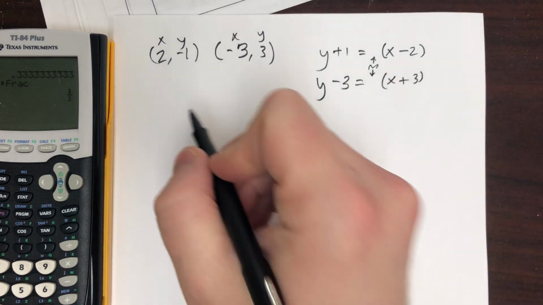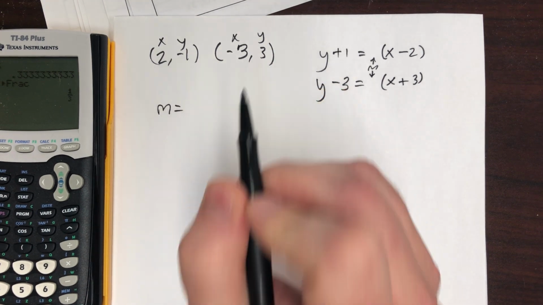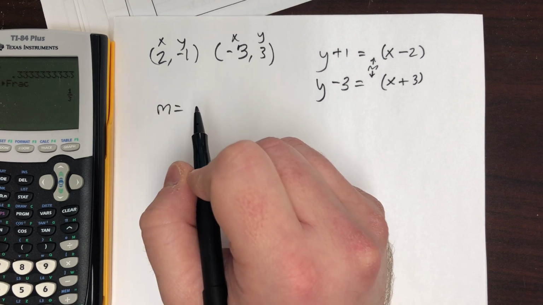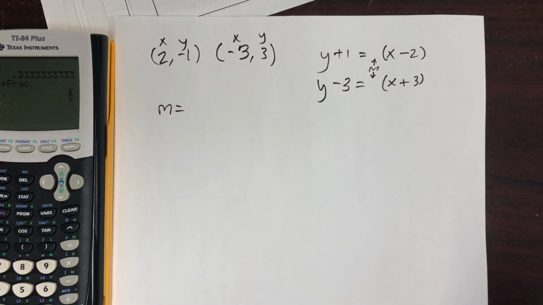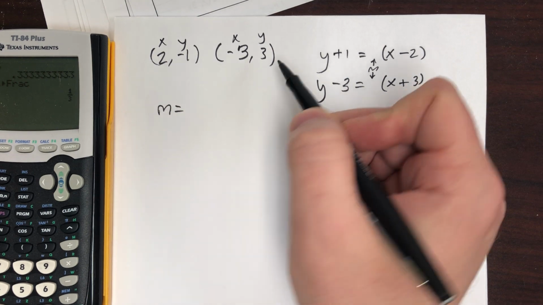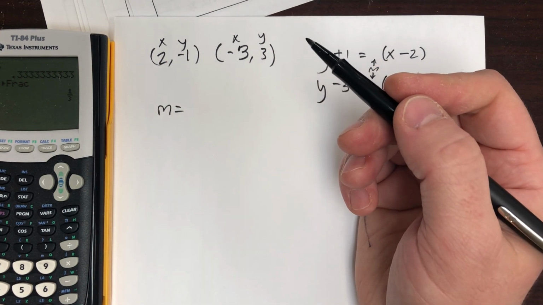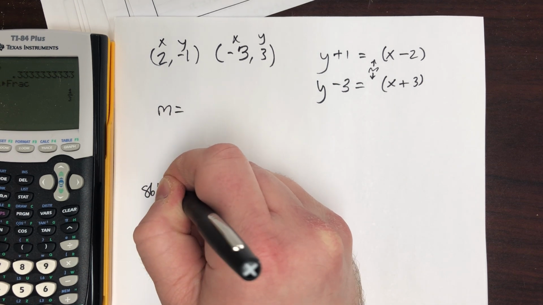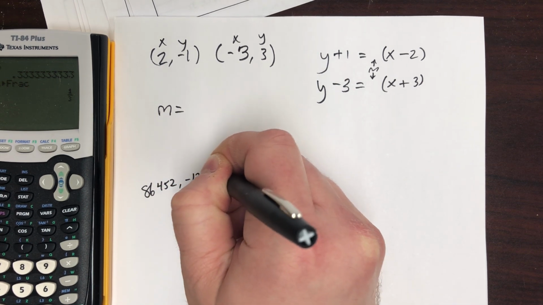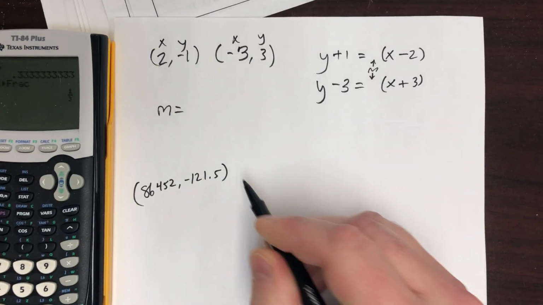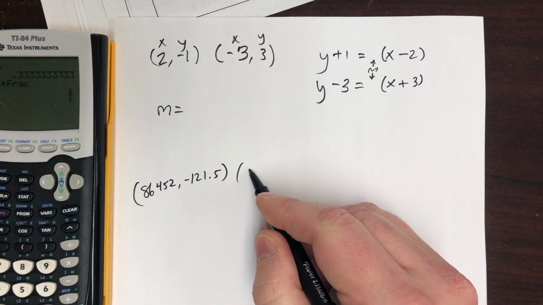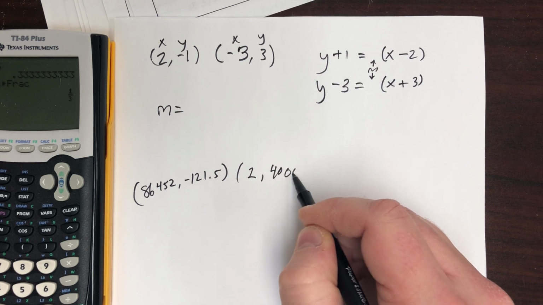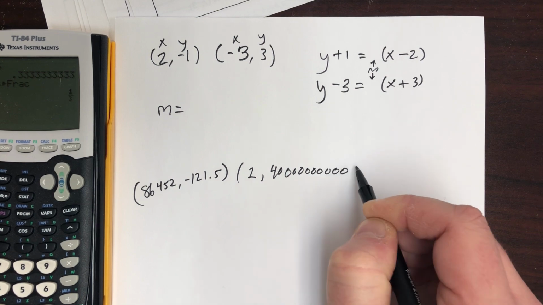The reason I would want to use the slope formula is that if I'm having a hard time counting things out, the formula makes sure I get the right numbers. Or what if instead of 2, -1, and -3, 3, it was like 86,452, comma, -121.5, and then 2, and then 40 billion.